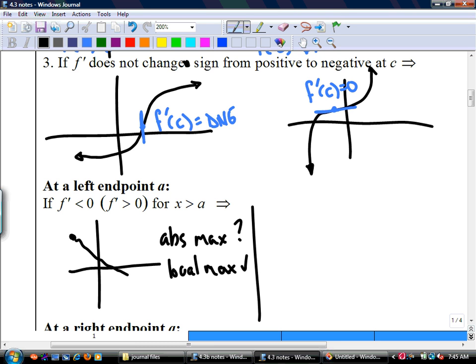Oh well. I guess we were splitting hairs earlier, and now we don't need to split hairs. So it could be an absolute max, and it has to be a local max. And they weasel out of it because we use the letter a instead of c. And then the other way of looking at it, here we are at a again.